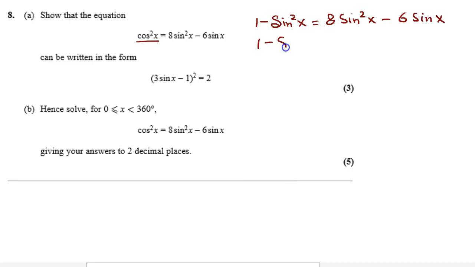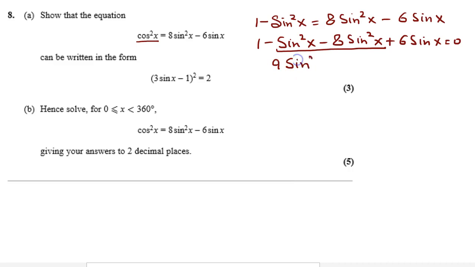Now 1 minus sin^2 x minus 8 sin^2 x plus 6 sin x is equal to 0. These are like terms. Minus sin^2 x minus 8 sin^2 x will be minus 9 sin^2 x, plus 6 sin x plus 1 is equal to 0.